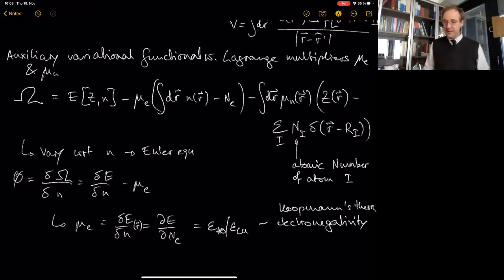So this is the chemical potential of your system with respect to electrons, right? So the grand-canonical potential, grand-canonical ensemble, that's of course the property you want to look at, or also the occupation number, according to Janak.